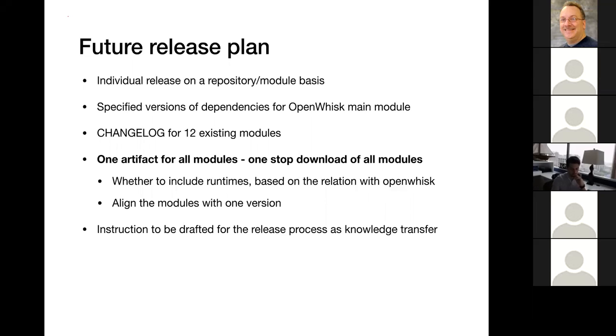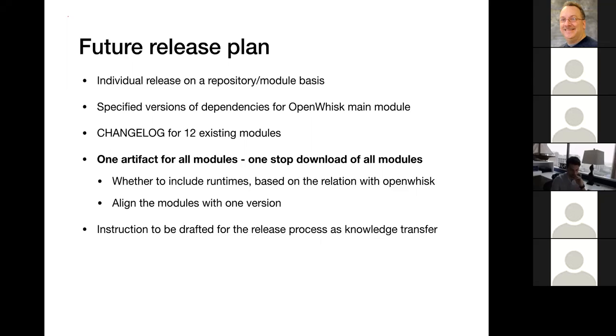And the third: since it would not be the first time of the release, there will be a changelog. So everybody should be aware of that. There should be a changelog file, including all the changes compared to the previous release. This will apply to the 12 existing modules.